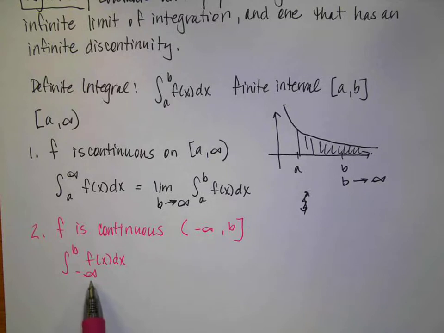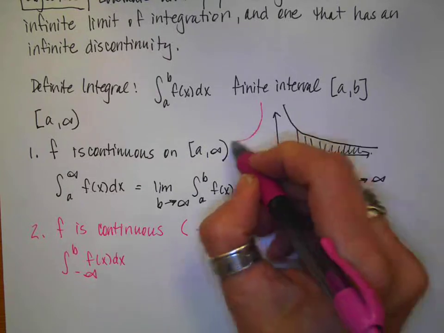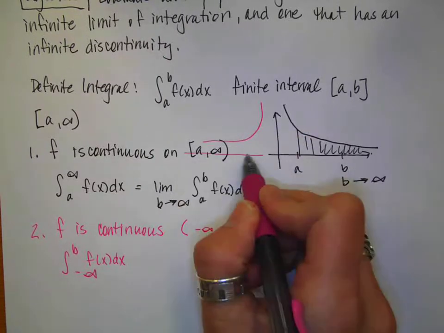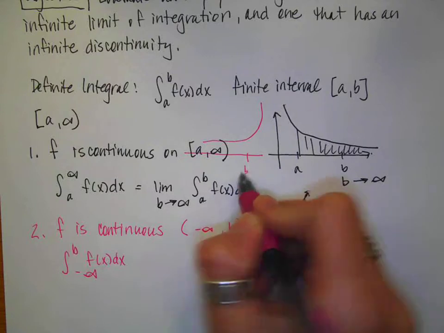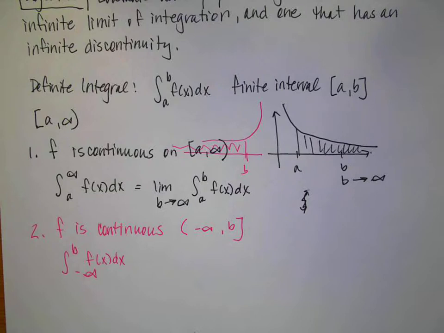And again, I can't really take an area under the curve when it might potentially go forever. And so if we switched our drawing and maybe we had b is here and my area goes that way, okay, so the area would go forever to the left, then that gets a little weird.